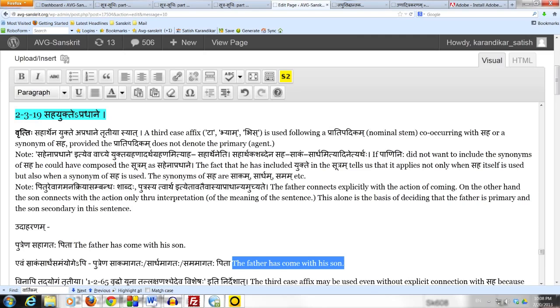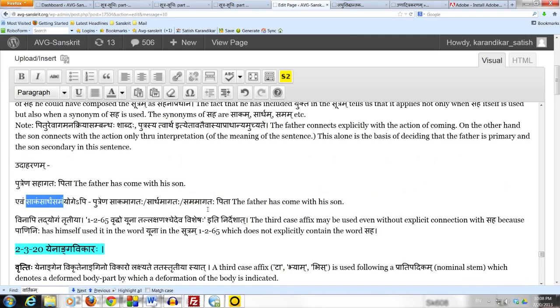Now there's one more note here. It says vinapi tadyogam tritiya, meaning that even without the explicit mention of saha or a synonym of saha, a third case affix may be used with the non-principal agent when saha is implied but not explicitly stated. How do we know that? Because Panini has himself used it in that manner in the word yuna in the Sutram 1.2.65, Vruddho yuna tatkshanashchedeva visheshaha.